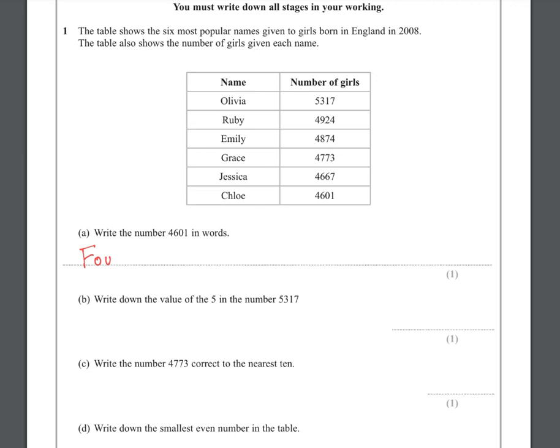So 4,601. Write down the value of the 5. So the 5 is in the thousands column, so it's 5,000.